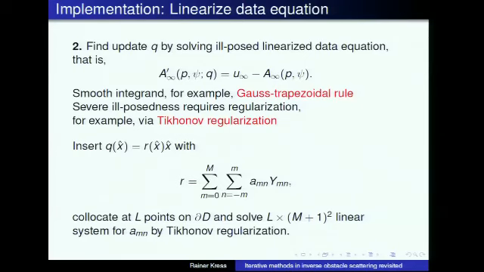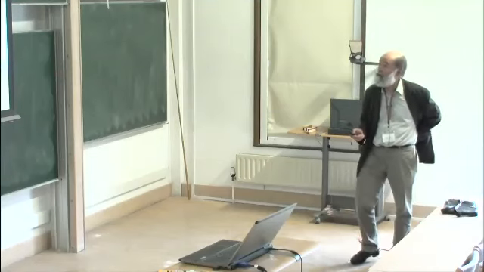And what we do, in the examples, is we assume that the boundary is star-like and represented in this way, where the radial function is approximated in terms of spherical harmonics, and we collocate this equation at a number of points on the surface S2, and solve this system by penalized least squares, penalized via Tikhonov regularization.